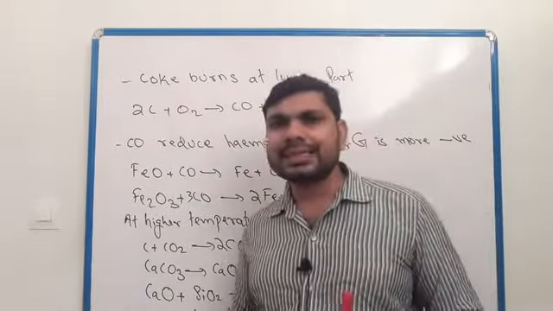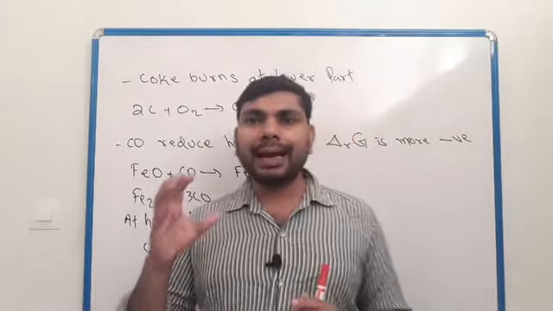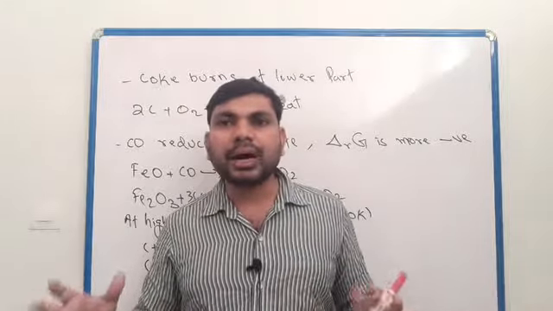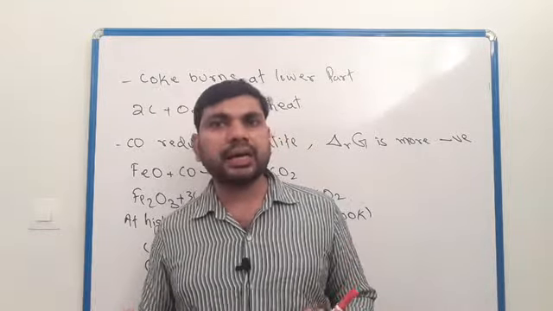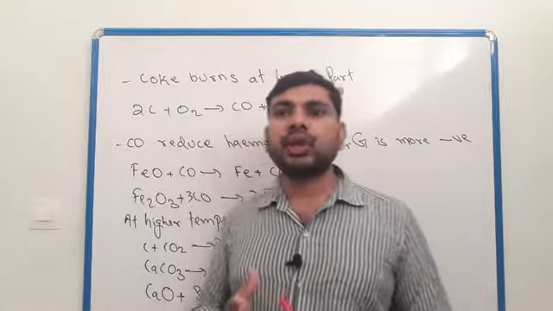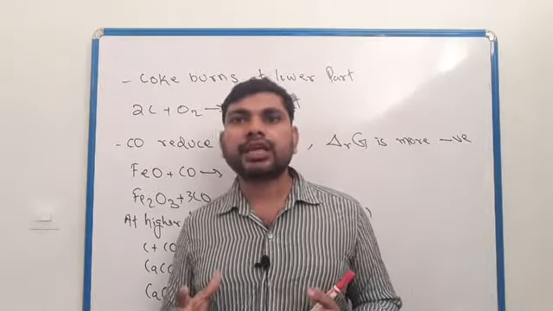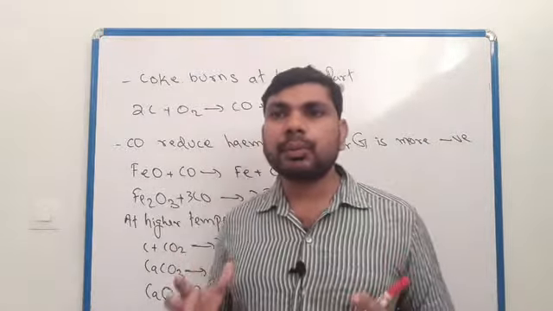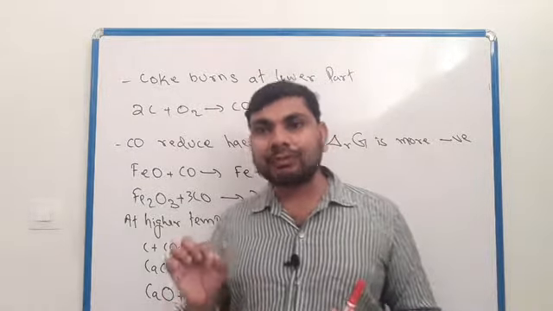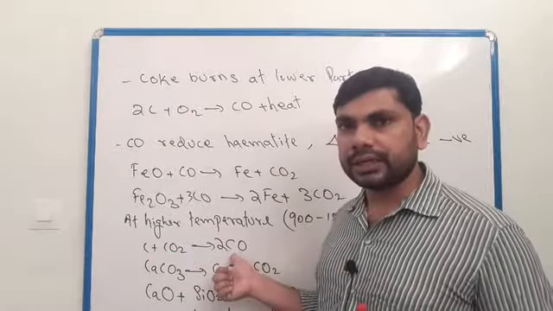As we already discussed, we add charge from the top of the blast furnace and pass hot blast air from the bottom part. Coke reacted with oxygen forms carbon monoxide. It is an exothermic reaction and produces a large amount of heat energy. The carbon monoxide formed again reacts with another coke and forms carbon monoxide.